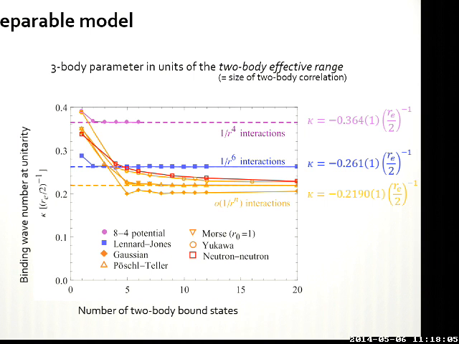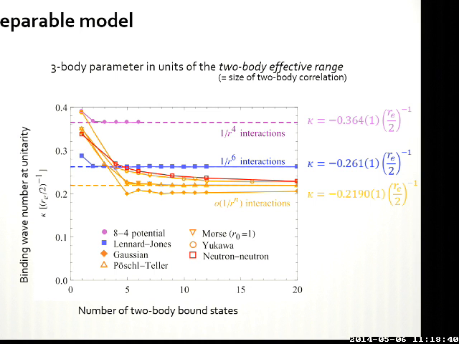For the power law potentials, like 1 over r to the 4, 1 over r to the 6, you get something which is fairly constant because of this two-body universality. However, for these other potentials, at first you get different values, but eventually it converges to this kind of step function correlation, which you can calculate numerically, and you get this number. You see that it converges very slowly, but it converges to this number.